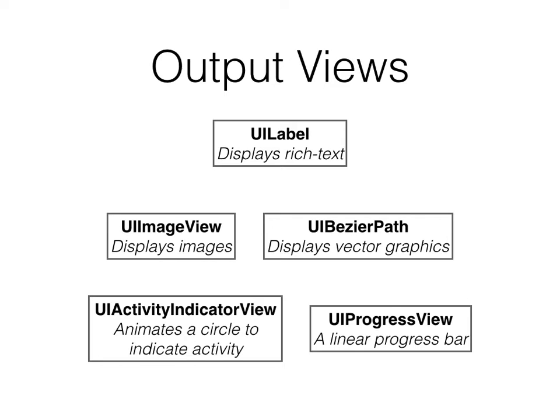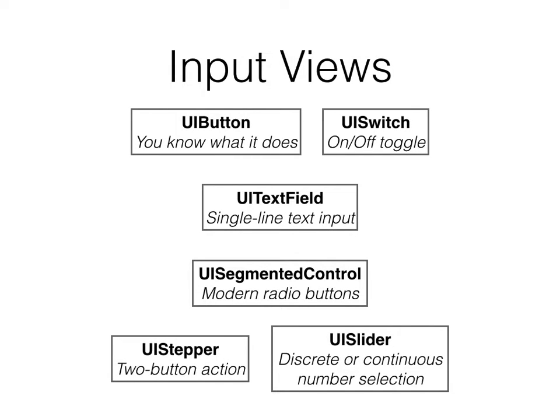So if you had the initiative, you could write like an SVG parser, throw it into a Bezier path view, and it'll show up on the screen very nicely. I think only XAML has that. I don't think Android's very intelligent for, okay, it doesn't have any retained mode graphics, I don't think. We have activity indicators and progress views because what app wouldn't be complete without boring the user?